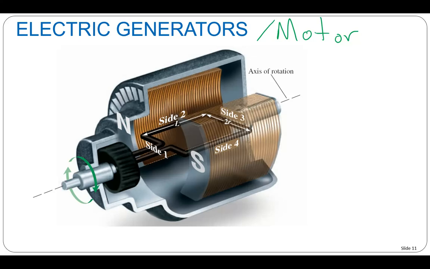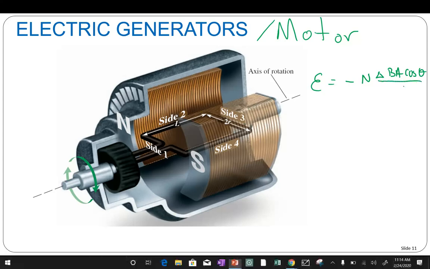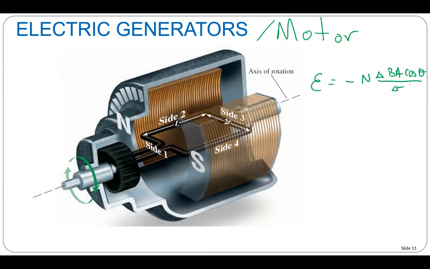We saw that the EMF is equal to minus N change in BA cosine theta over change in t. The magnetic field is not changing. The area is not changing, but the angle is changing.